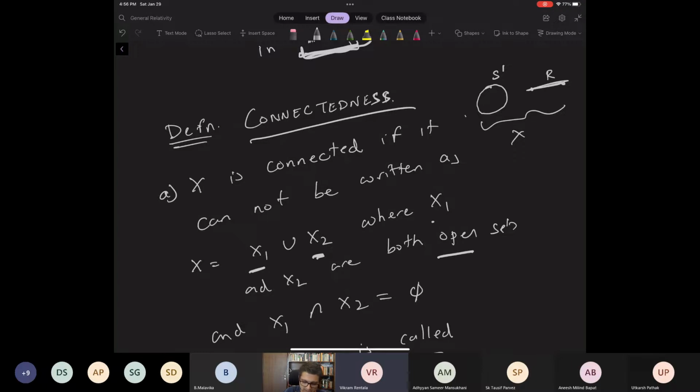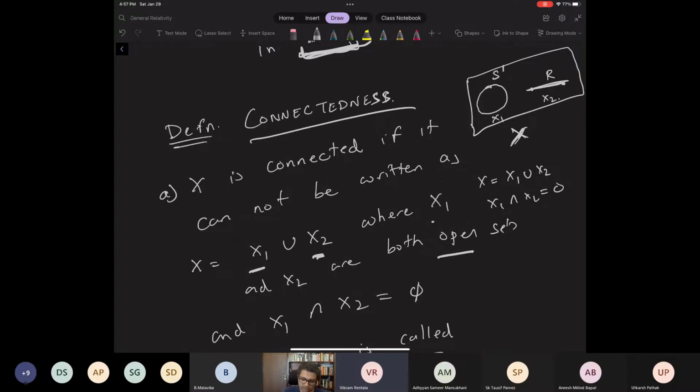You can talk about the topology on S1, which is an induced topology from being embedded in, say, R squared, and R also has a topology, and together you can club them and talk about the topology of S1 comma R. Now you can talk about this entire space as some X, and you can see that this can be split into a set X1 and a set X2, such that X1 union X2 is equal to X, and X1 intersection X2 is phi, so these are disconnected spaces.